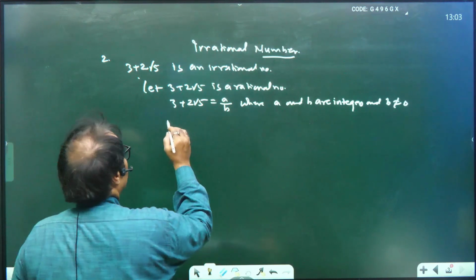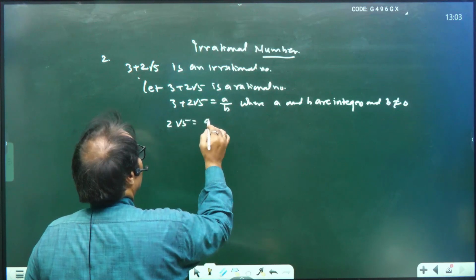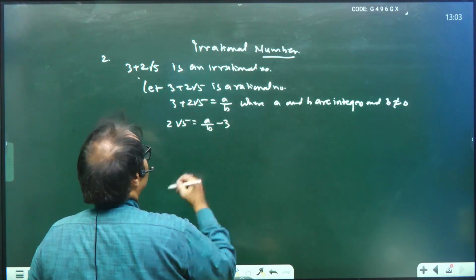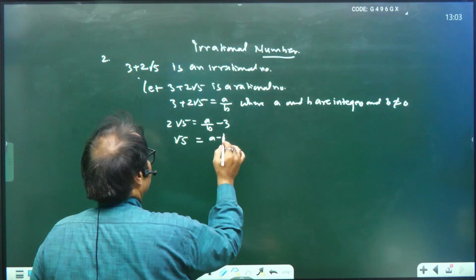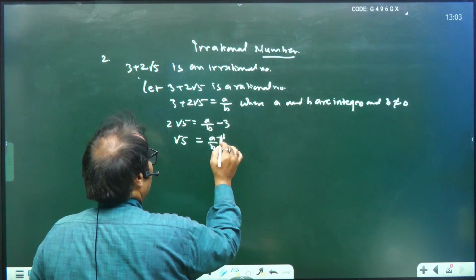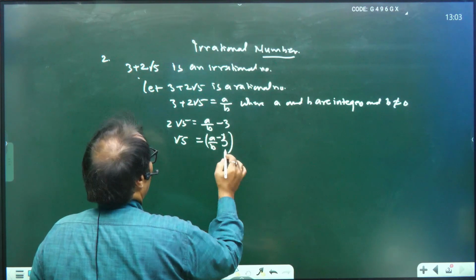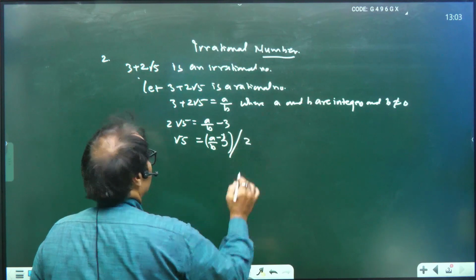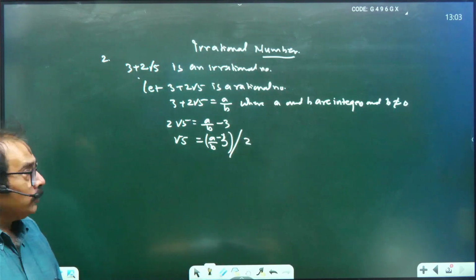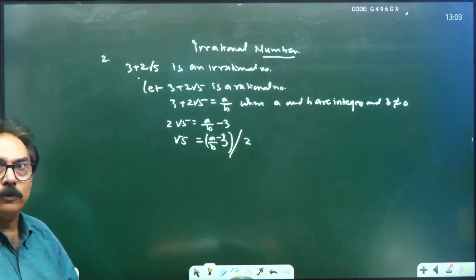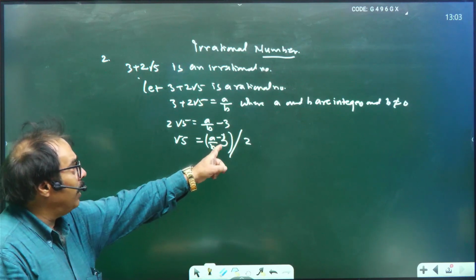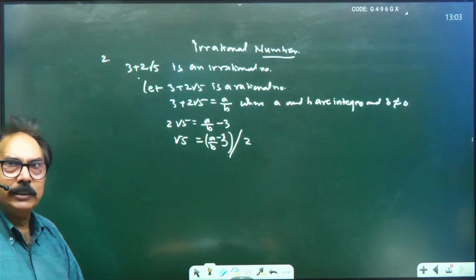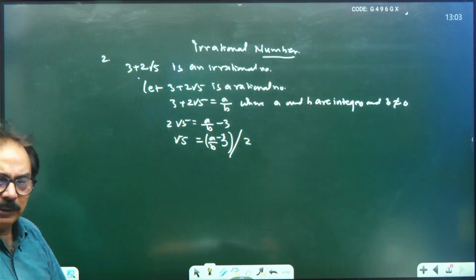So 2 root 5 is equal to a by b minus 3. Therefore root 5 is equal to a by b minus 3, whole divided by 2. As we know that root 5 is an irrational number and a by b minus 3 whole by 2 is a rational number because a by b is a rational number.